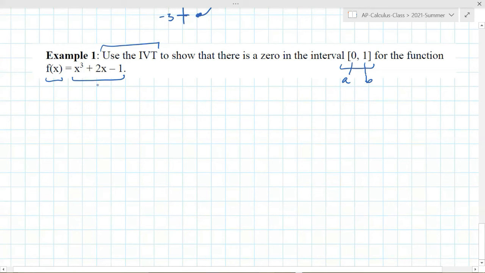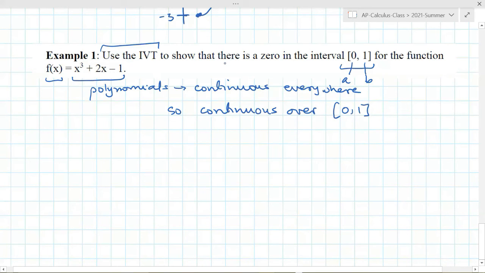This is a polynomial, and all polynomials are continuous everywhere. There's no break in the polynomials. So now I can use the IVT because I have a closed interval and I have a polynomial which is continuous everywhere.